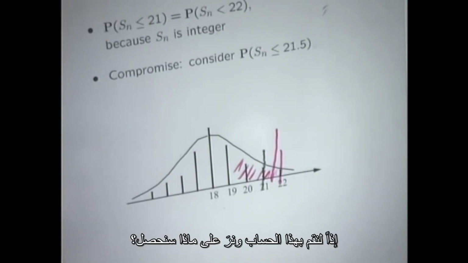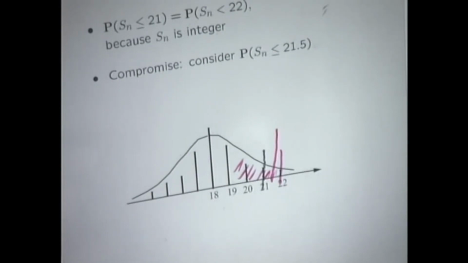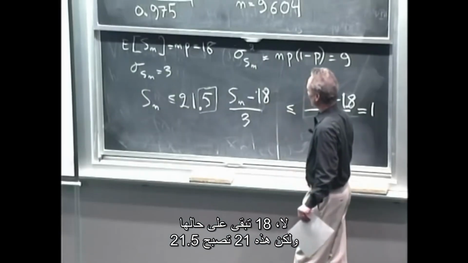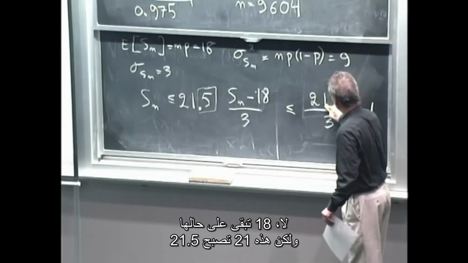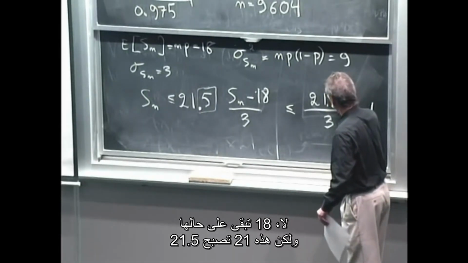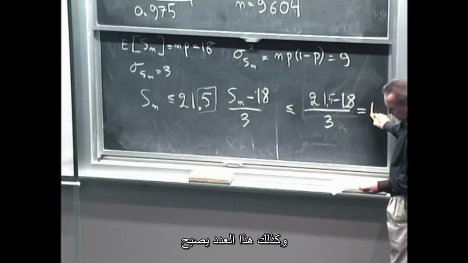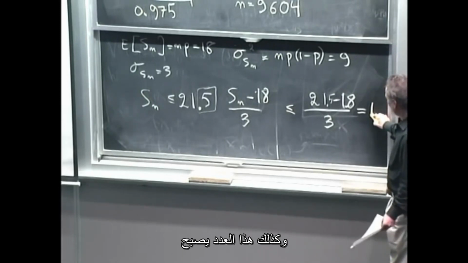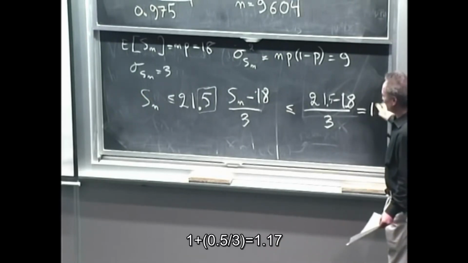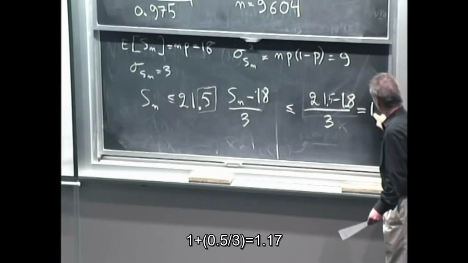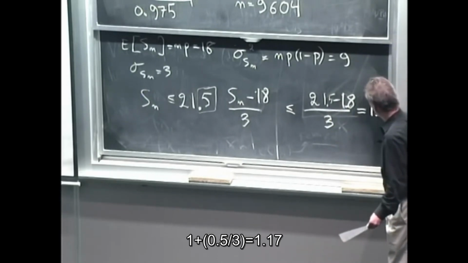So let's do this calculation and see what we get. What would we change here? Instead of 21, we now write 21.5. That 18 stays what it is, but this 21 becomes 21.5. And so this 1 becomes 1 plus 0.5 by 3. This is 1.17.